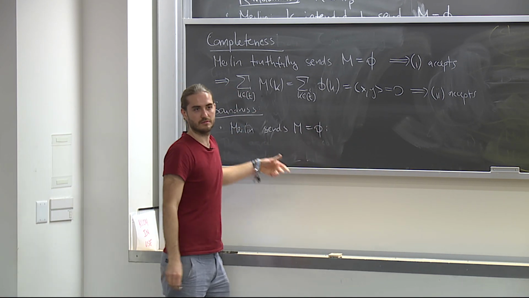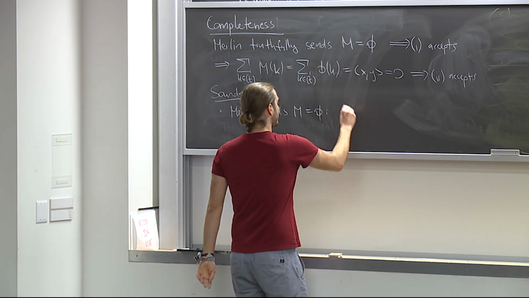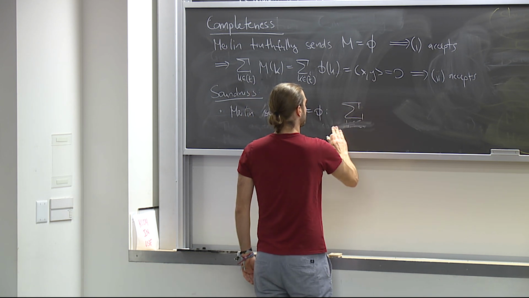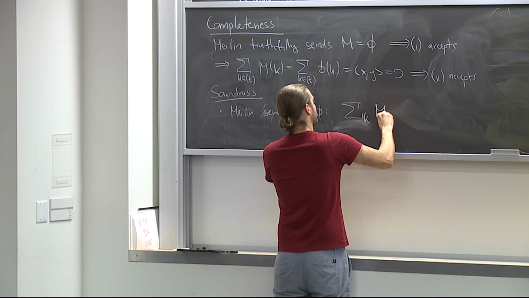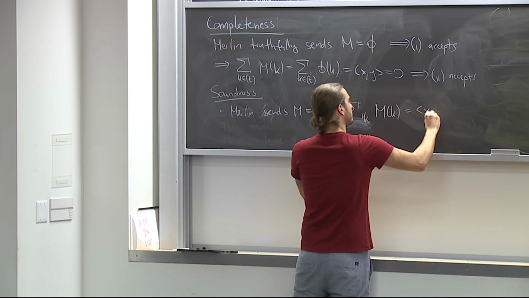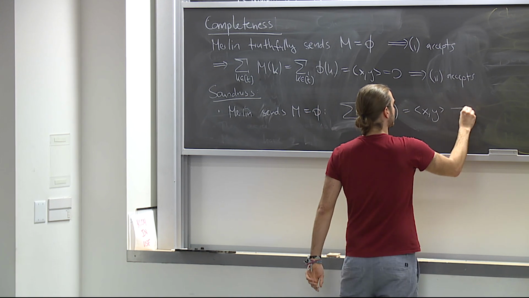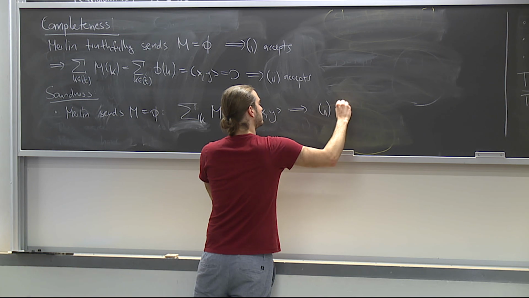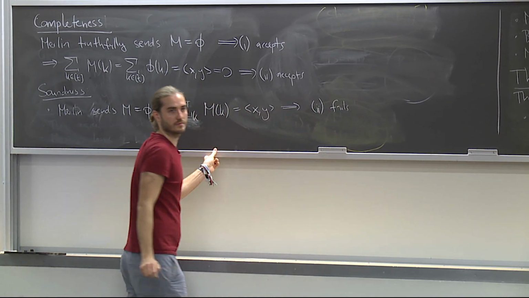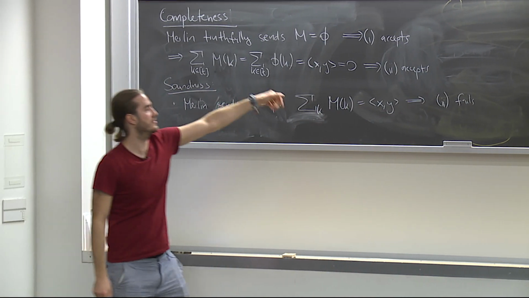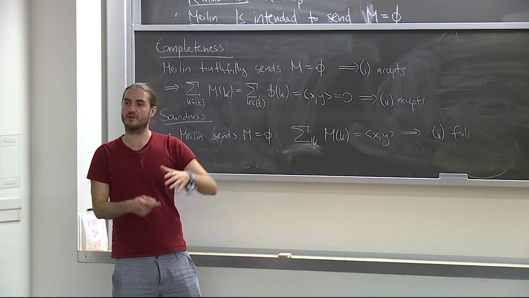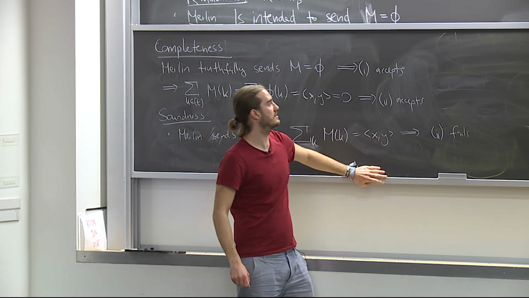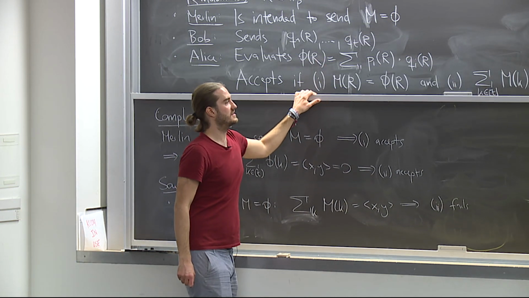Then by the same calculation, the sum of the evaluations of our polynomial m is just equal to the inner product, which means that we're going to make test 2 fail. For the soundness case, we can assume the inner product is not 0. So if the inner product is not 0, then in particular, our second test is going to fail.